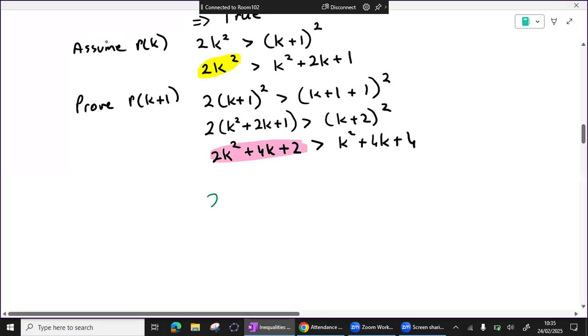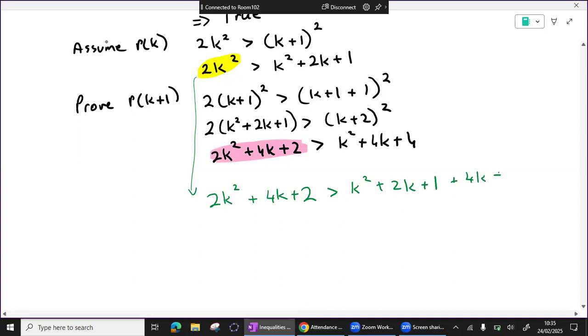So onto my yellow, I am adding a 4k plus 2. Now, if I do that on the left of my yellow, then I have to do it on the right of my yellow. So that is why I am also adding a 4k plus 2. I'll say that again.